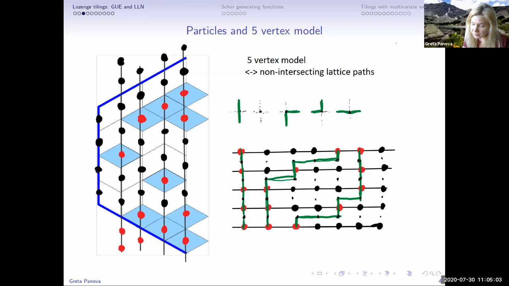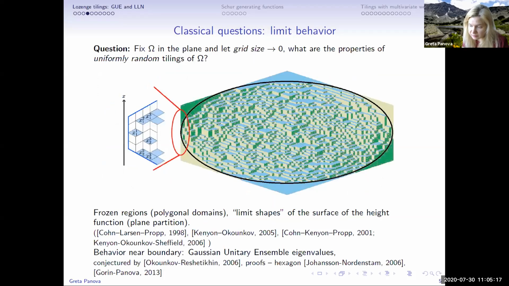And for our talk, we are going to look at them from other perspectives. And what kind of problems do we really care about here? So we are in the context of probability right now. So we are going to let the mesh size go to 0.